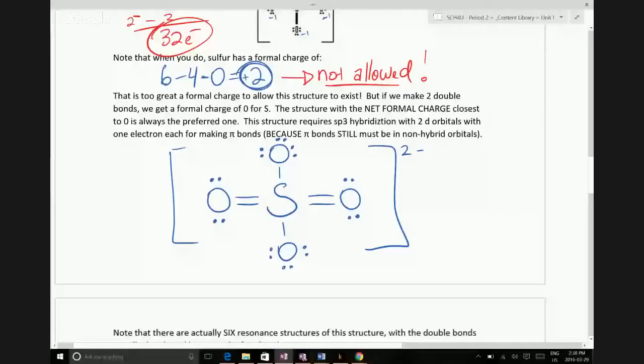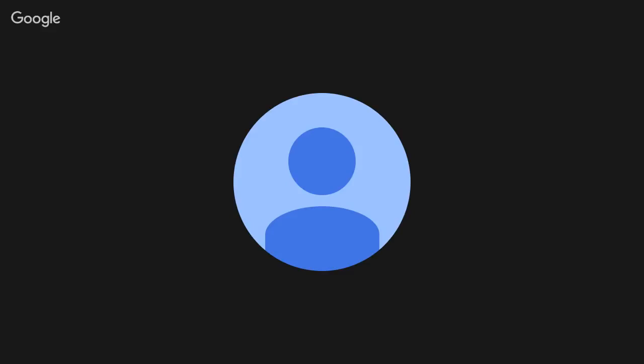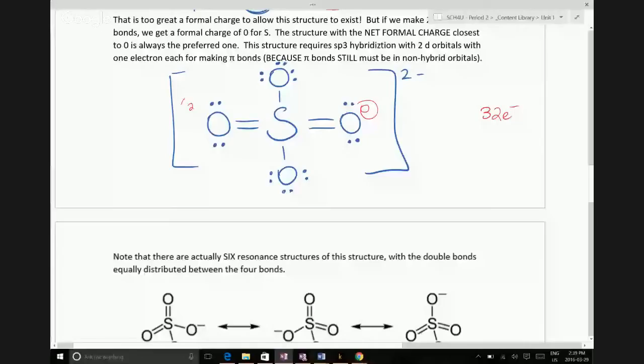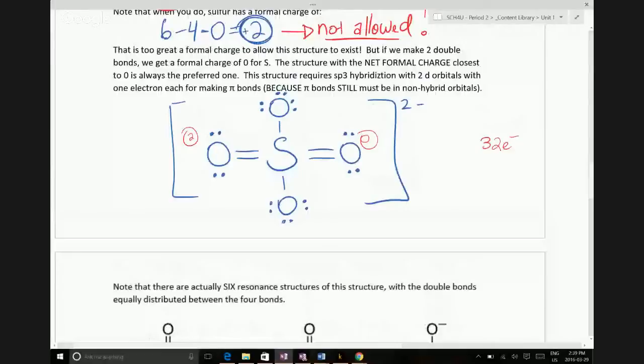And now, if we look at formal charges, oxygen's got its exactly normal electron configuration here, 2 lone pairs and 2 bonds. So that's a formal charge of 0. This oxygen, again, has 2 lone pairs and 2 bonds, so it's a 0. This oxygen is only making 1 bond, so it's going to be a -1 formal charge. This will be a -1 formal charge.